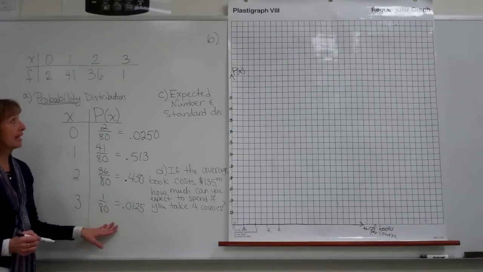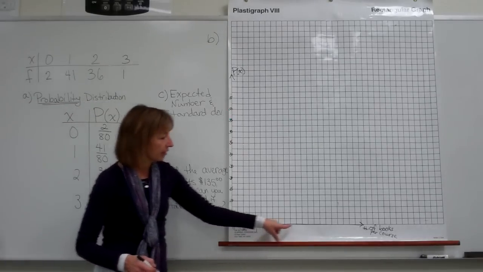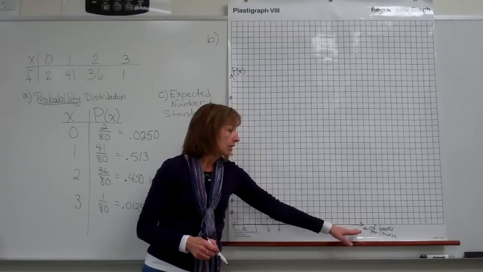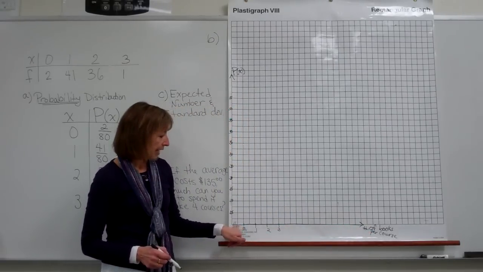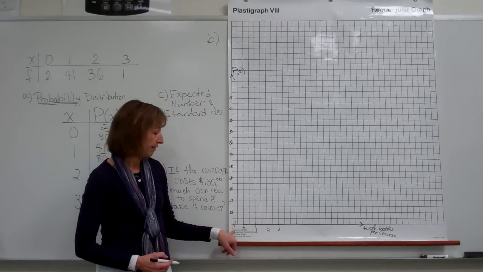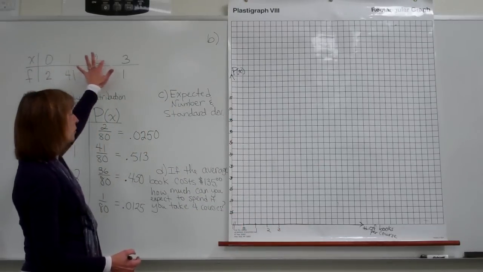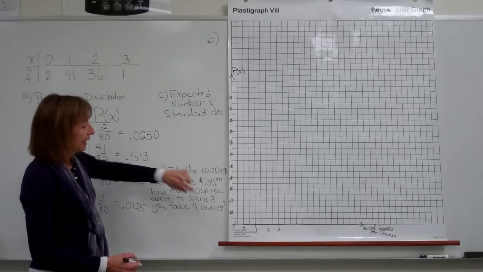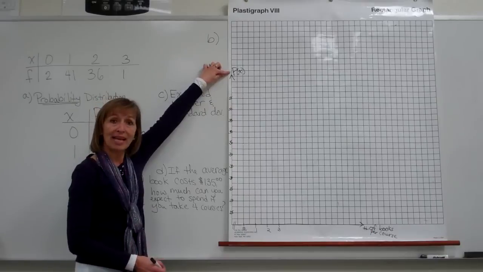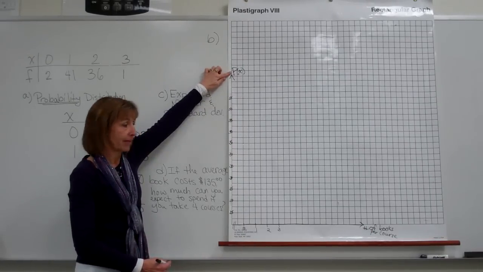Now, when we want to draw a probability histogram, we want our horizontal axis to be what our random variables represent. So here it's the number of books per course. And because we're shifting 0 away from the origin, we're going to show a break in the axis to represent that. So we have our 0, our 1, our 2, and our 3 from the values that the random variable can take on within this problem. And because we're doing a probability histogram, our vertical axis needs to be denoted as probability of x.